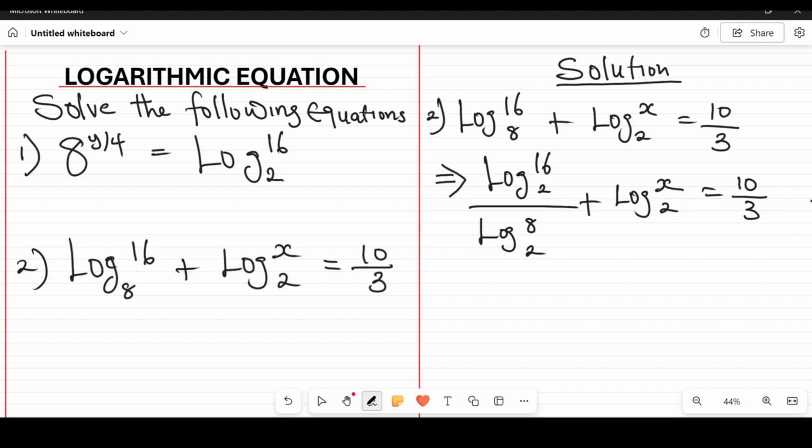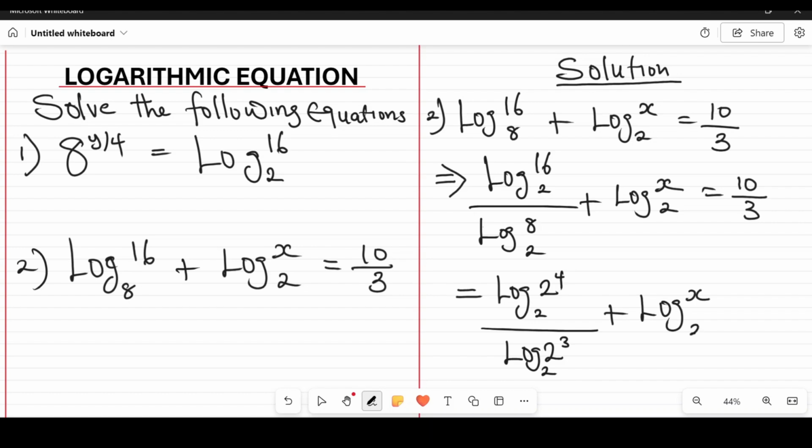Now at this point, we have to express 16 and 8 as the power of their base. So we have that this becomes log 2 raised to the power of 4 all to base 2 divided by log 2 raised to the power of 3 all to base 2 plus log x to base 2 equals 10 divided by 3.